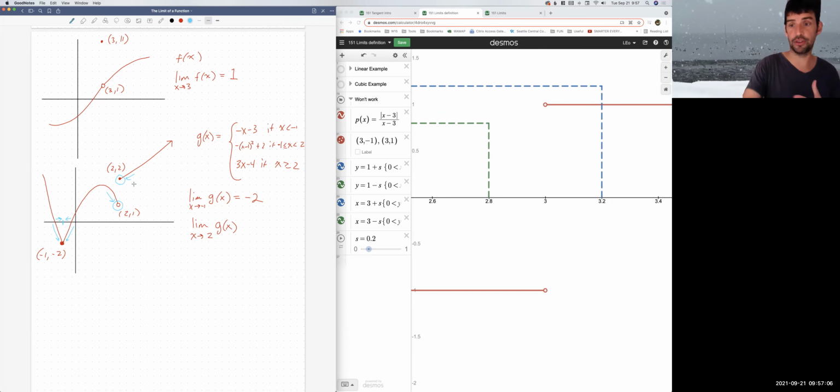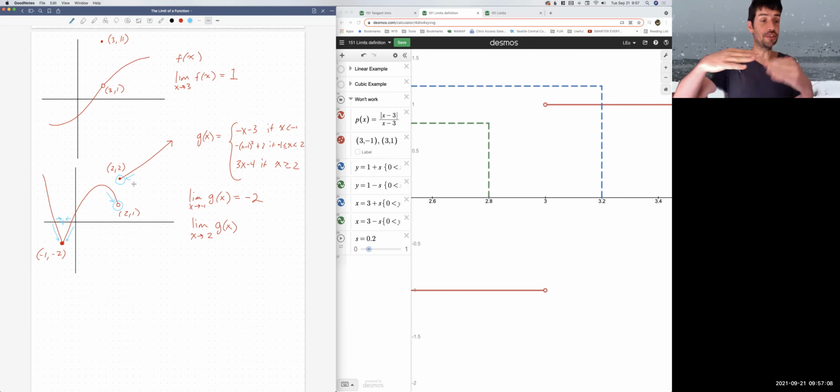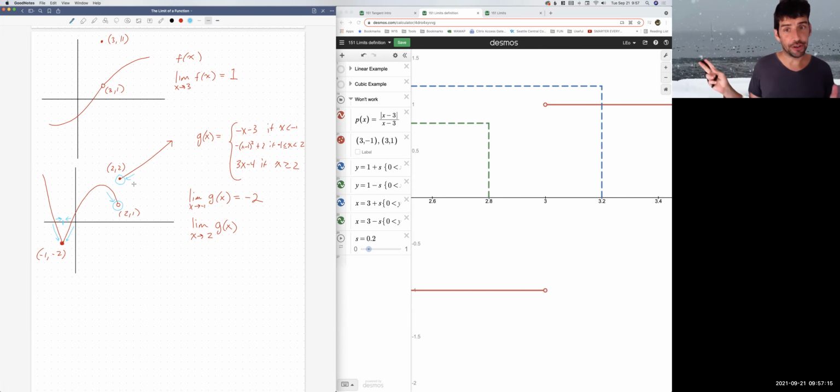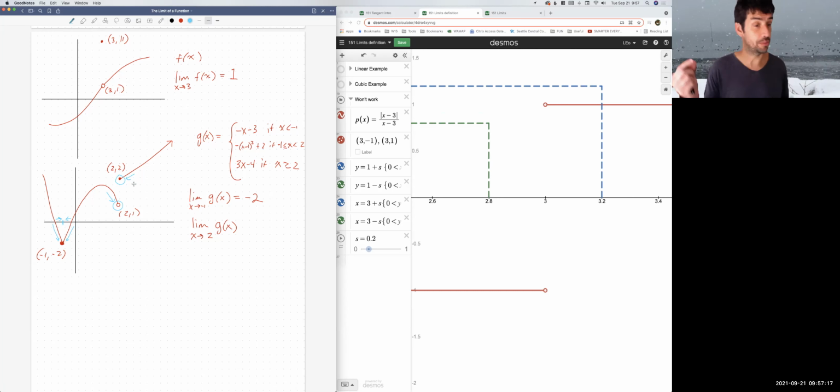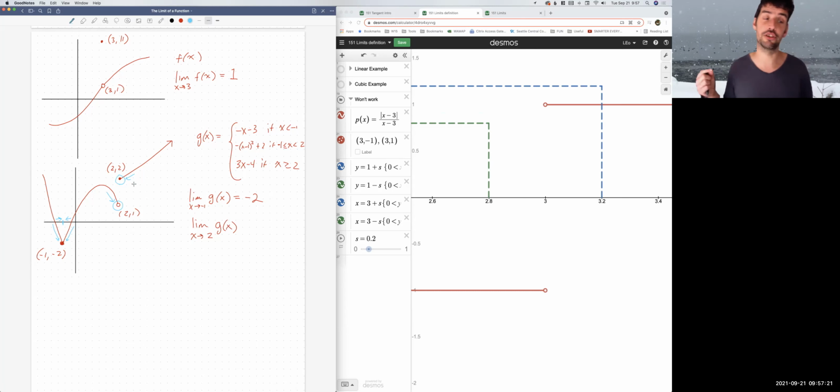However we try to come up with the limit, one side of the graph is always going to be very far away. If the challenge is to make it closer than 1/10 to whatever our limit is, one of them is going to have to be at least half a unit away, possibly both of them, depending on how we try to define this limit. And so in this place, the limit does not exist.